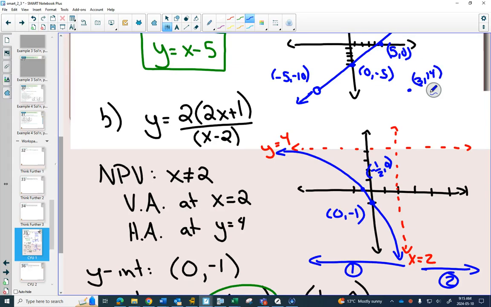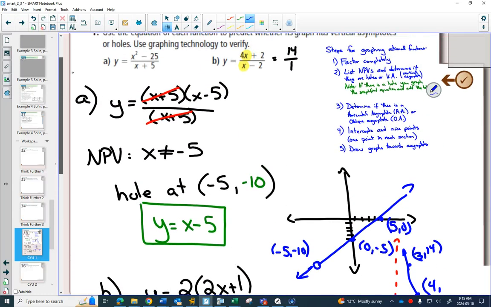And once you have one point in a section, you have enough information to say, well, it's going to have to go towards this asymptote, and I guess I should extend this one up. It's going to have to go through that asymptote. 1 point is enough.